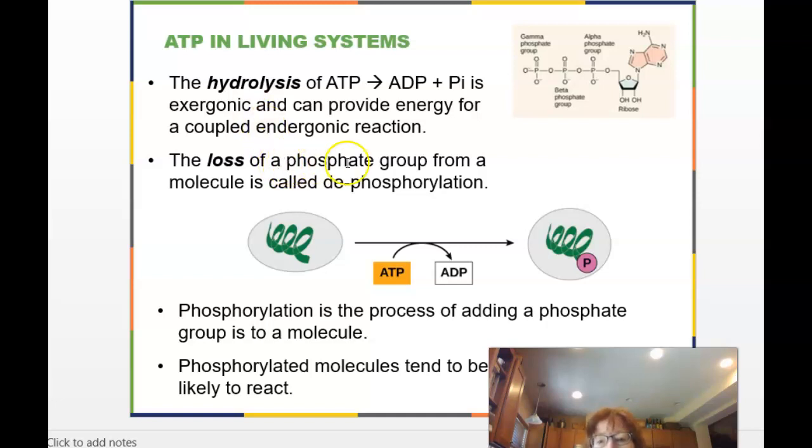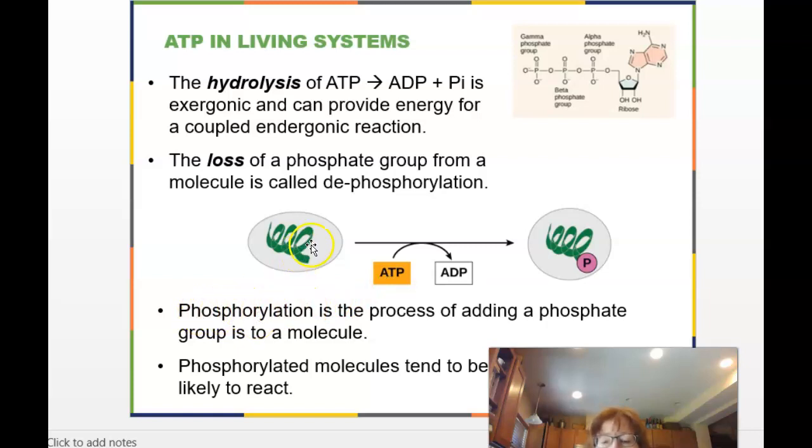When a phosphate group is lost, we call that dephosphorylation. So when that ATP is hydrolyzed with water and eventually becomes ADP, that's going to be a dephosphorylation process. But when that phosphate is added to something else, that's called phosphorylation.